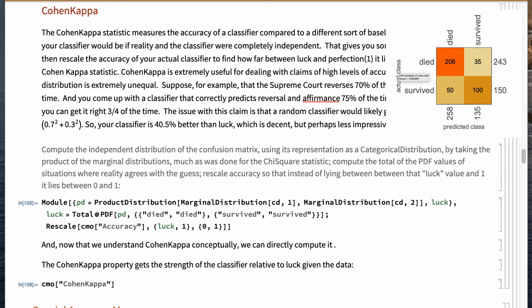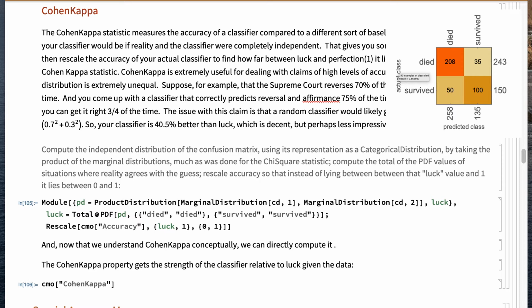Supposing you assumed that your classifier was worthless. You would still get some correct answers, okay? And so you would get a certain accuracy level just by luck. That might serve as a baseline, and what you'd be interested in is how far between luck and perfection, which would be an accuracy of 1, your accuracy level lies.